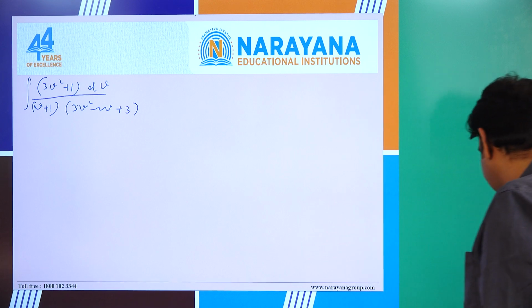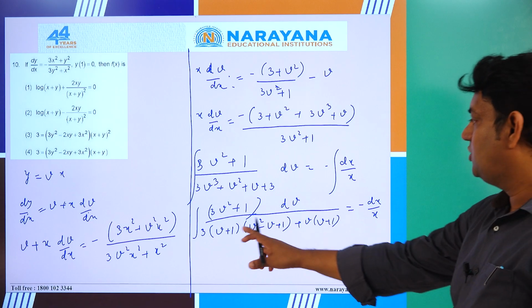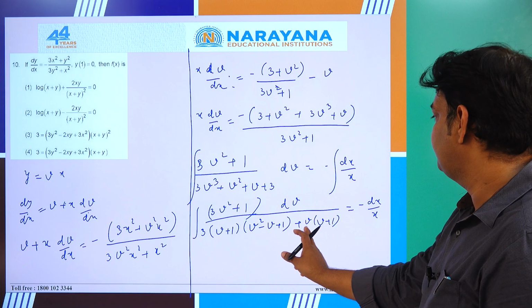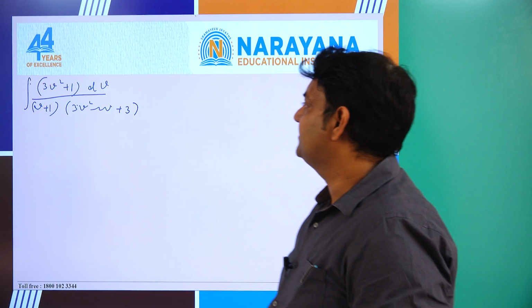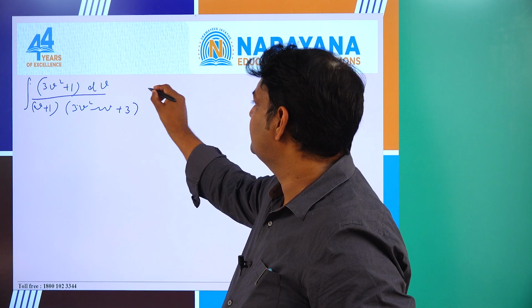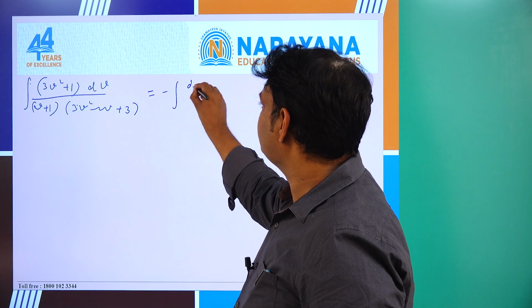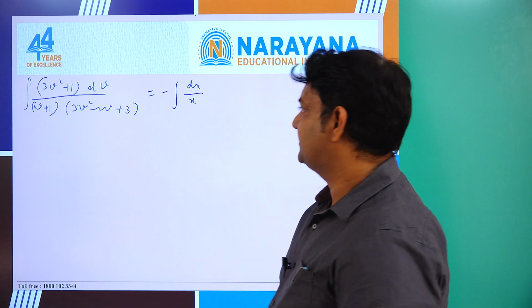Check it once. V plus 1 common, 3v square minus 3v plus v minus 2v plus 3, 3v square minus 2v plus 3, is equal to minus of dx by x.